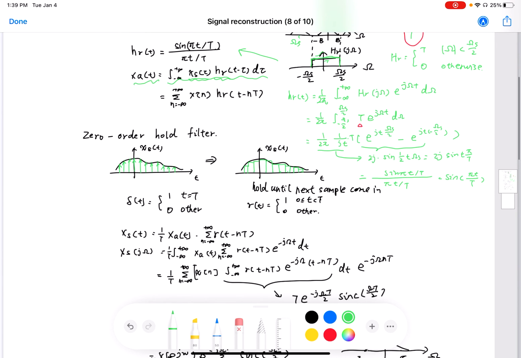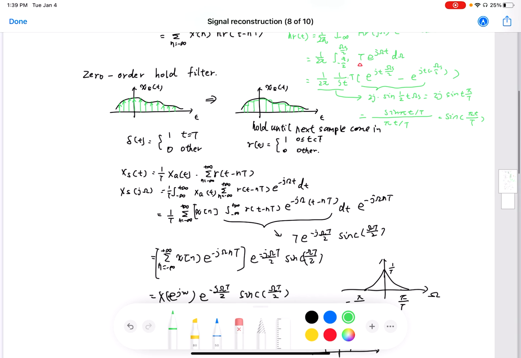Then let's talk about the zero order hold filter. Because in real life we can't construct the impulse response, but we can construct this signal. This signal is where we hold until the next sample comes in.